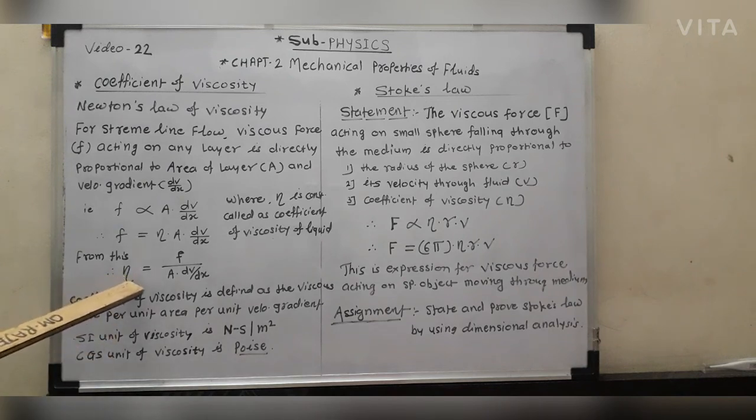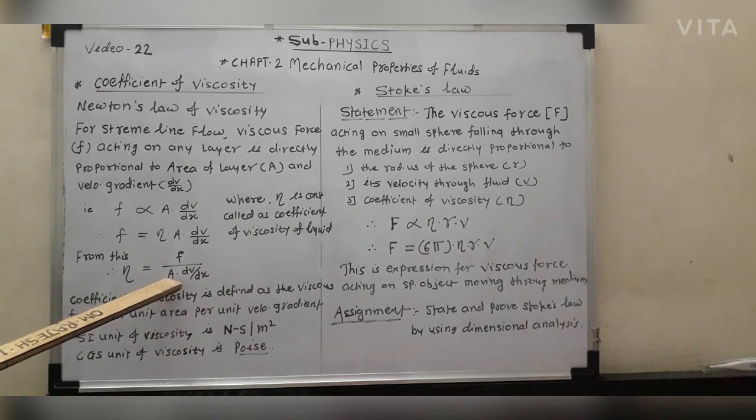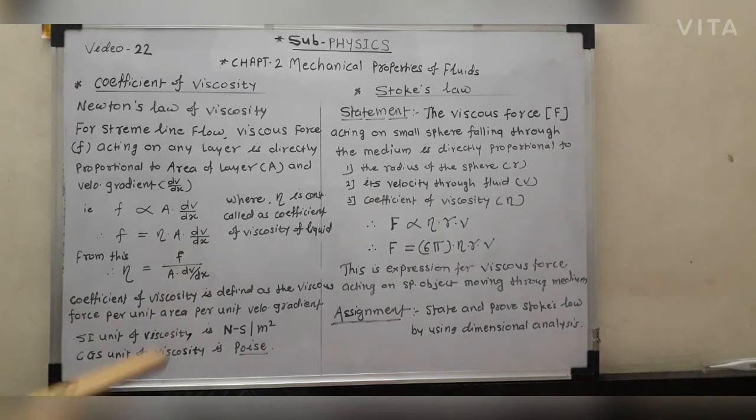The formula for viscosity is eta is equal to F upon A into dv by dx. The dimension of force is L1 M1 T minus 2, area is length into breadth, that is L2, and the velocity gradient gives, with L and L cancelling, only T minus 1.